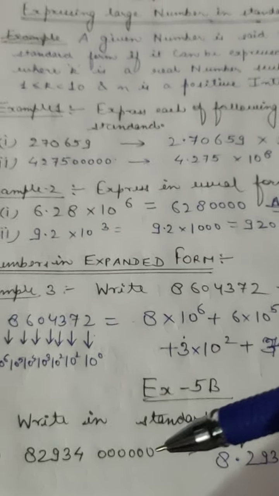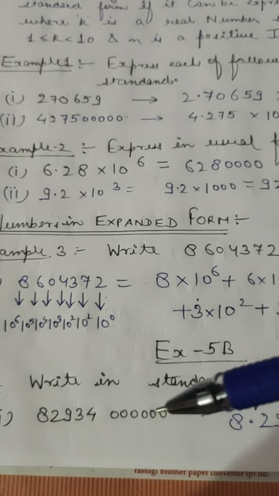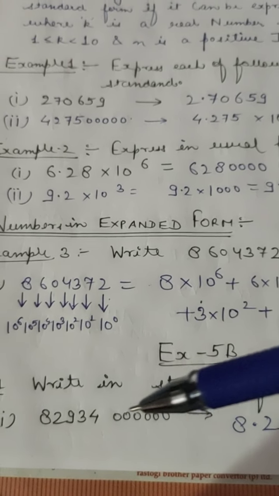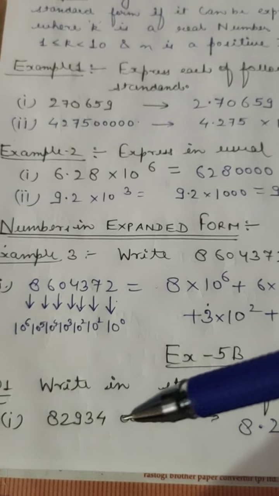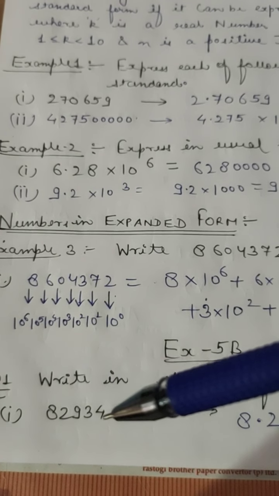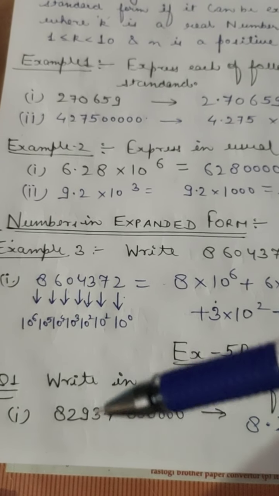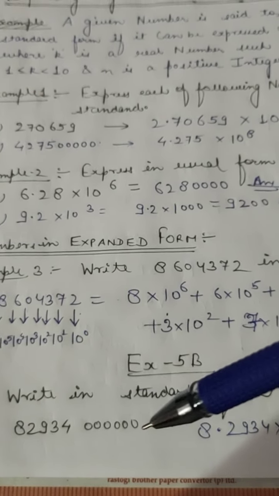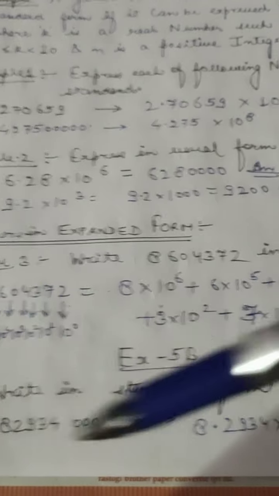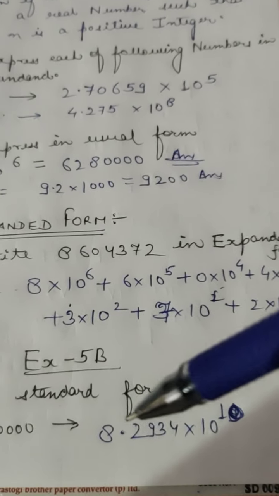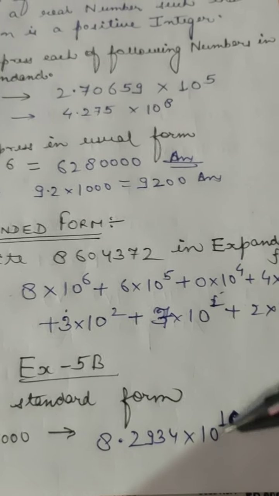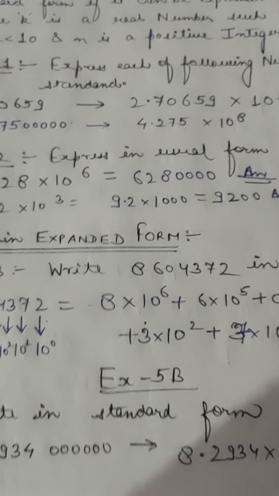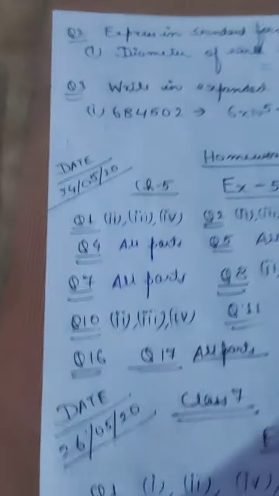So count from here how many places you have to shift. 1, 2, 3, 4, 5, 6, 7, 8, 9, 10. So you have to shift the decimal 10 places from here to here. So you will write 8.2934 into 10 to the power 10. This is the required standard form representation of the given number.